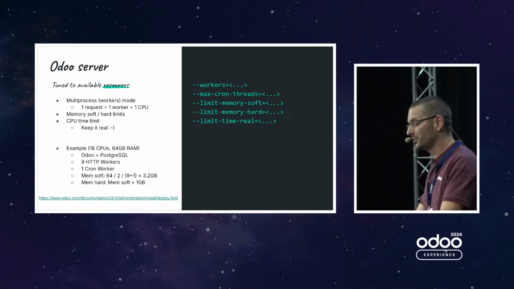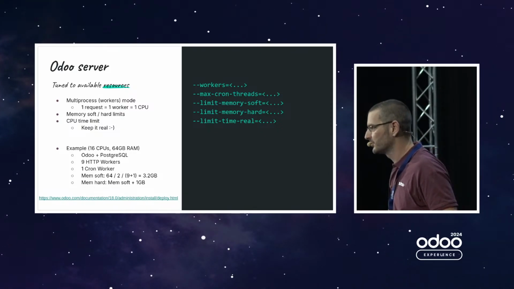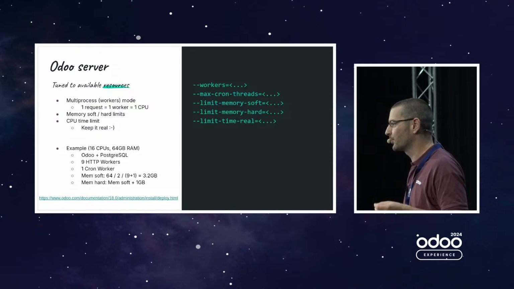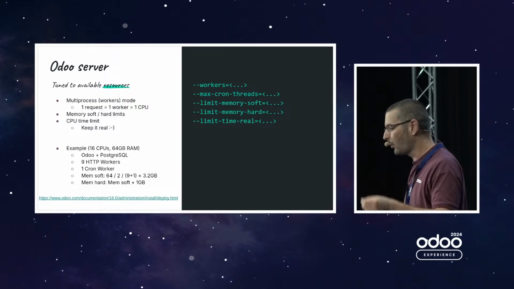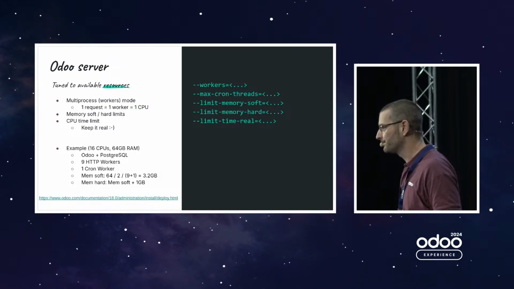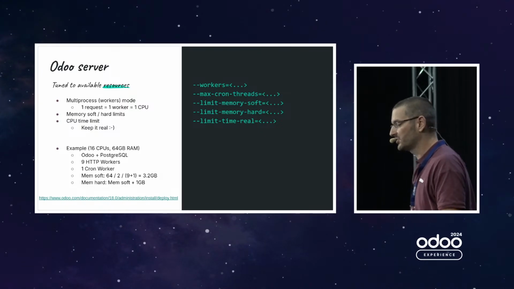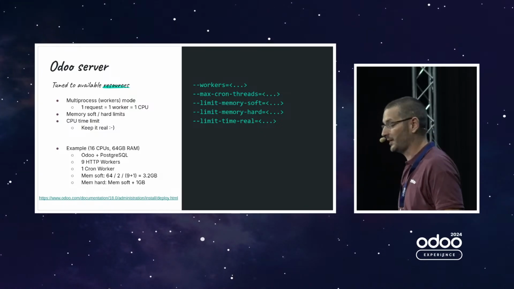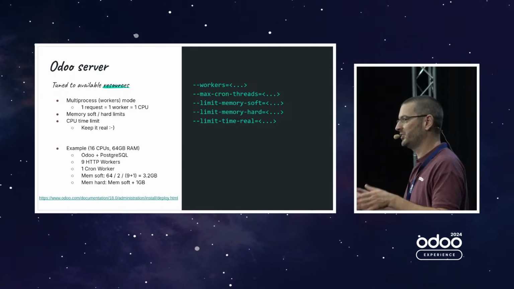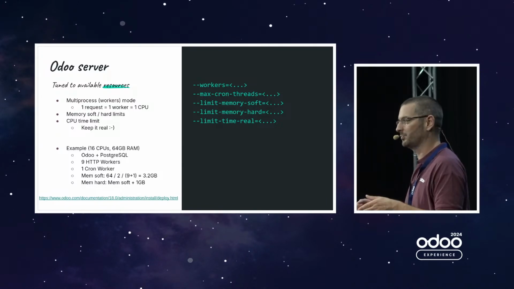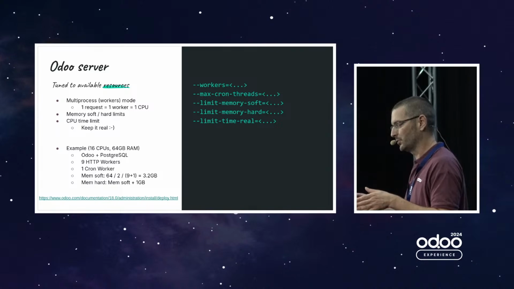What you will have to do is to define some memory limits, so you are sure that one given worker isn't using all the memory, and define a CPU time limit. Because as I said, when a worker is busy with one request, it doesn't do anything else.